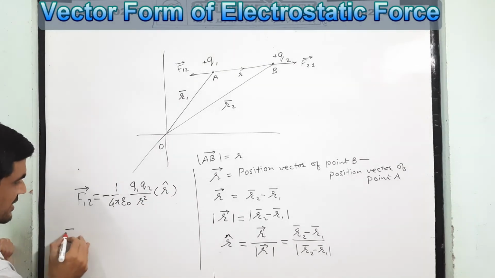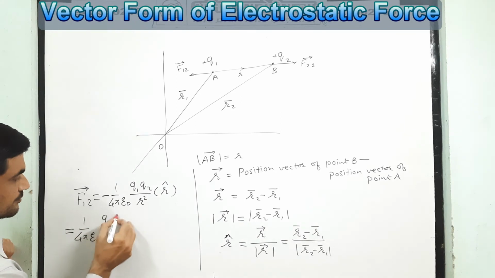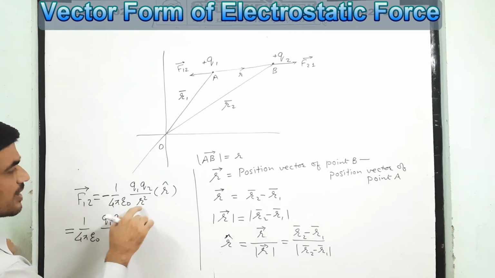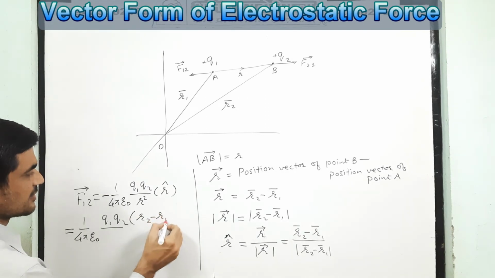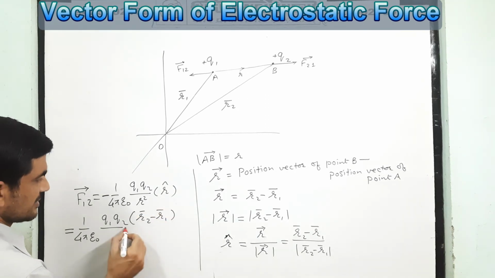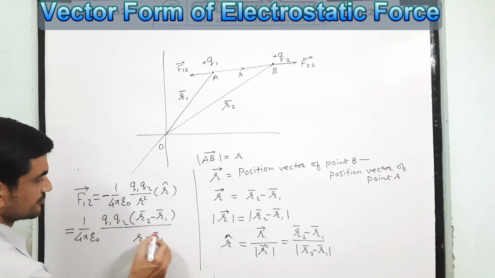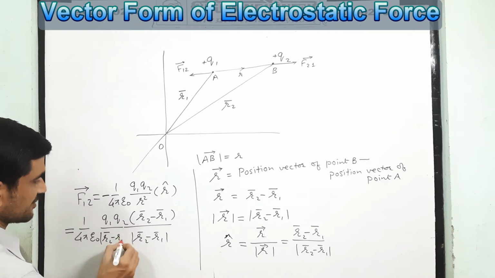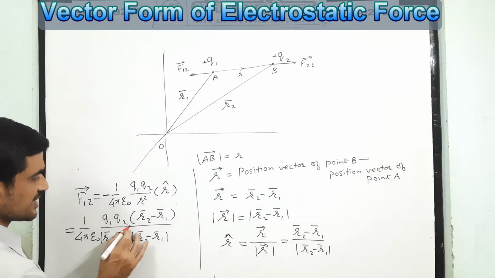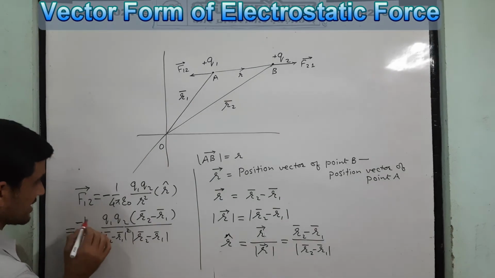So this you can write in an elaborated form. R cap is r2 minus r1 divided by its magnitude, and here the square of this magnitude. So this we can write as cube of this, and minus sign is also there.